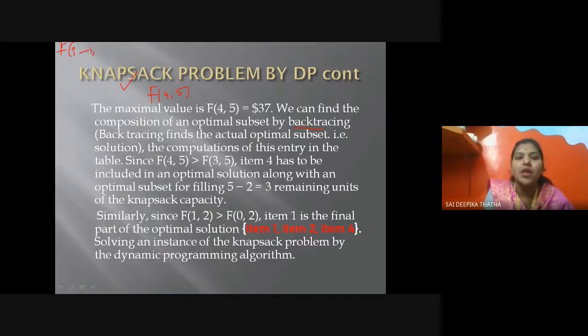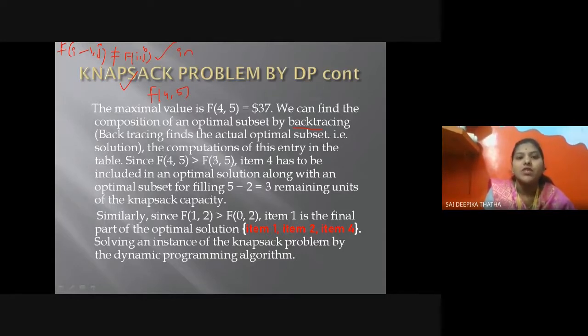If this value is not equal to F of i, j, in such cases the item should be included. If these two values are equal, we are unable to insert the item into the knapsack.